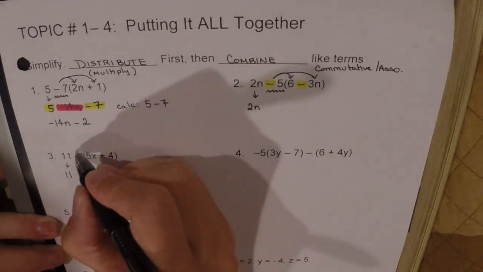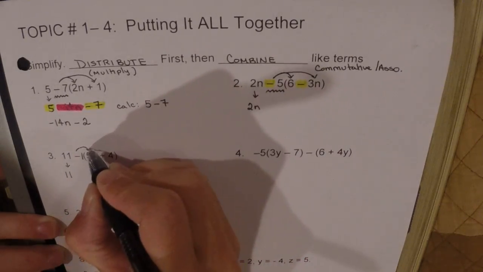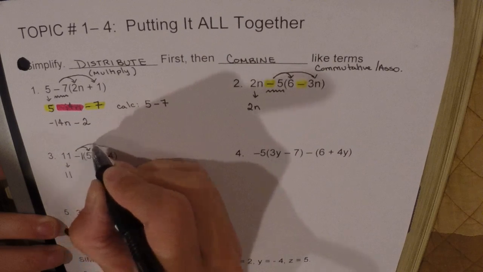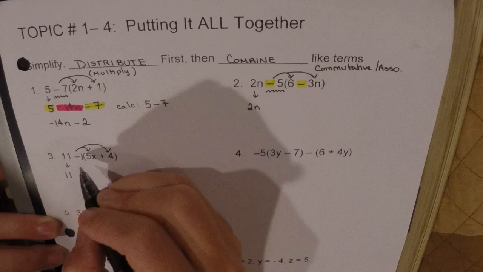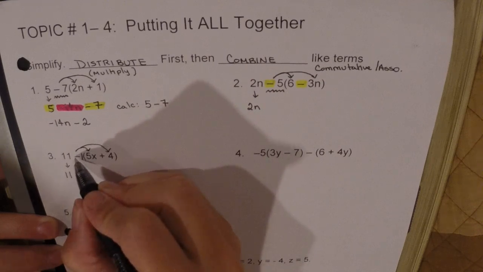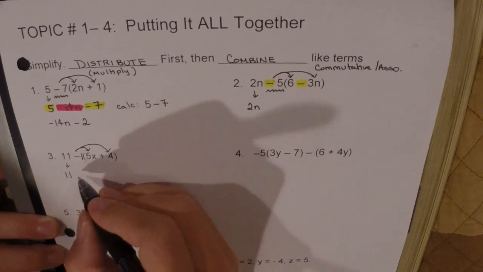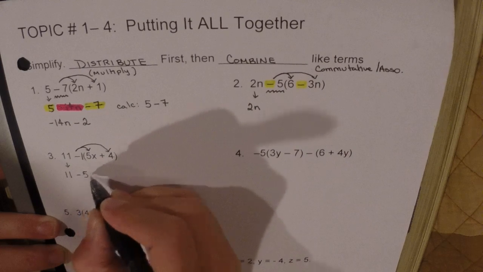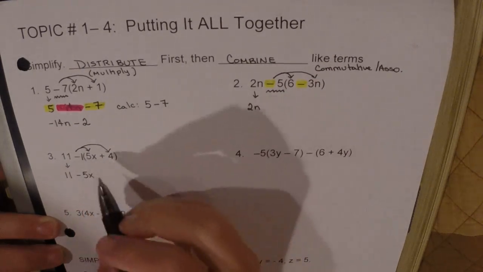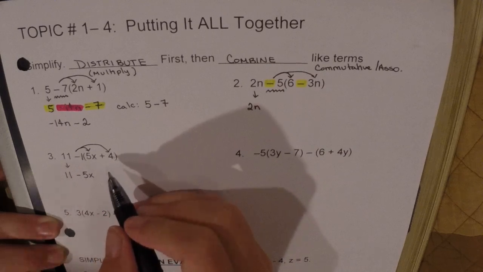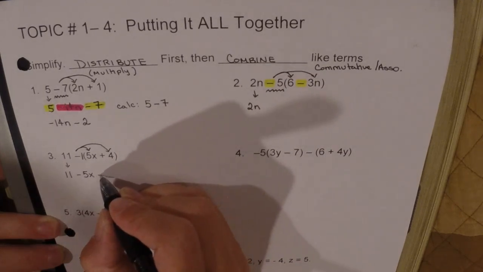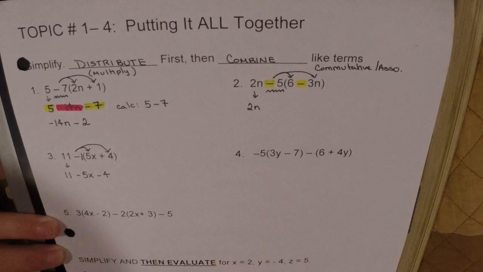So we would distribute negative 1 times 5x and a negative 1 times a positive 4. So I would put in my calculator, negative 1 times 5, and that would give me minus 5x. And then I would do negative 1 times 4, and that would give me negative 4. So I would put minus 4.